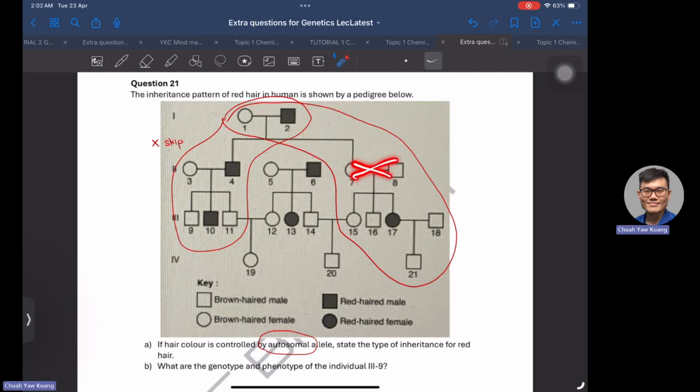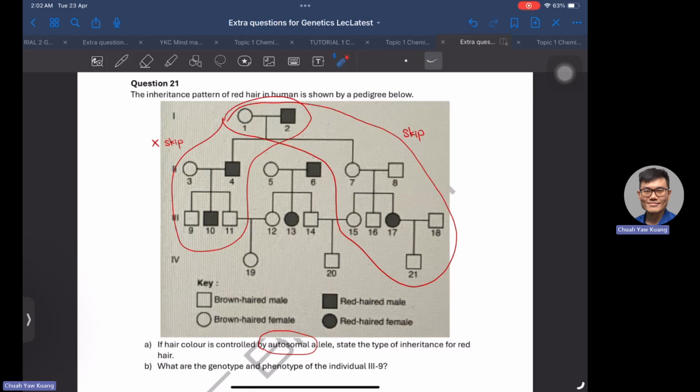And then the other children, one of them has the red hair, and then the next generation does not have the red hair. So it is having red hair, no red hair, having red hair, no red hair. This part of the pedigree is actually showing that it is skipping the generation.